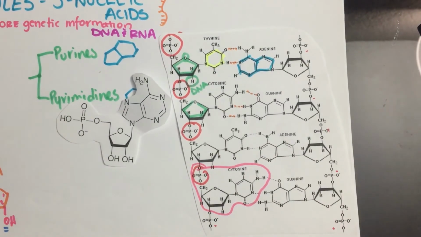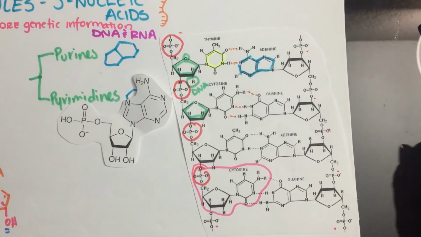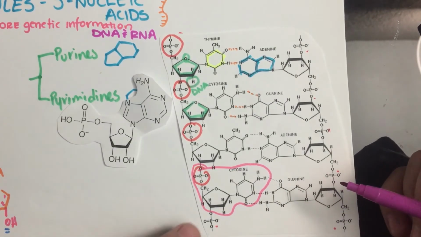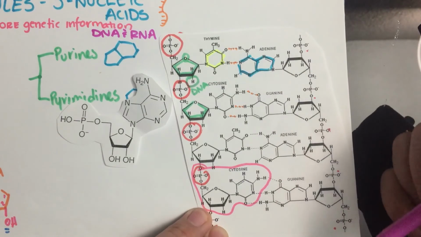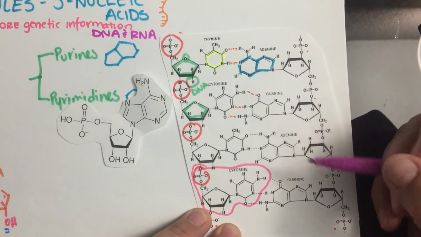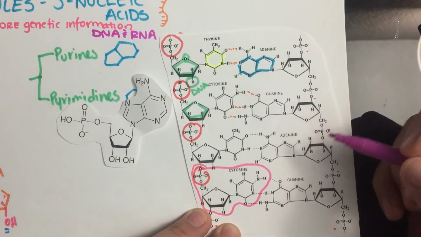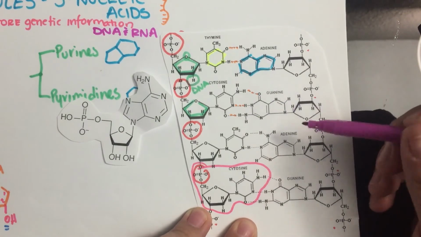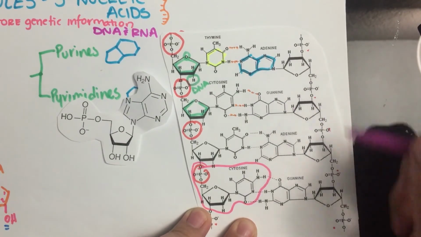Then another question could be, for example, to identify a codon. 3 nucleotides have very important information for protein making, which will come on the next video. But to know and recognize that every 3 of them is going to have this key information.